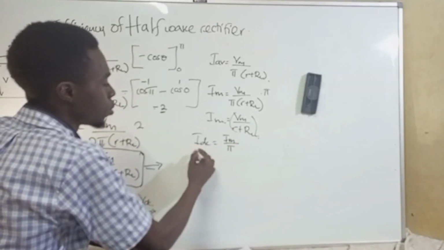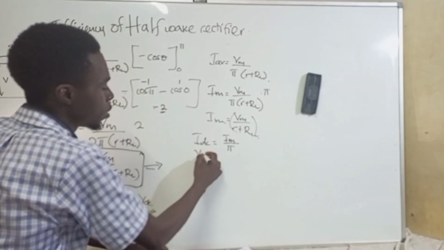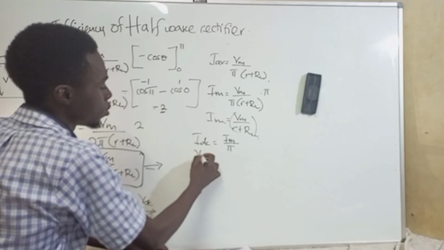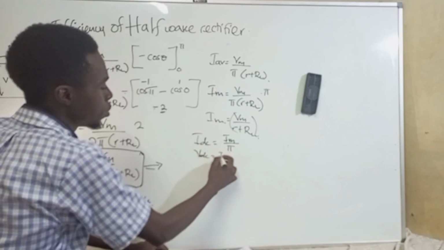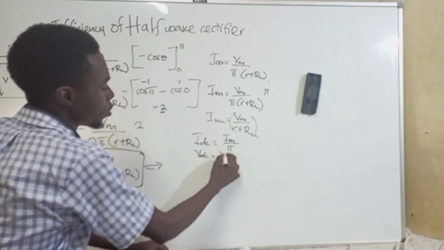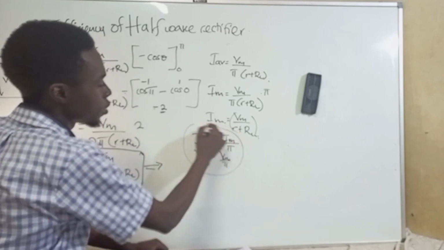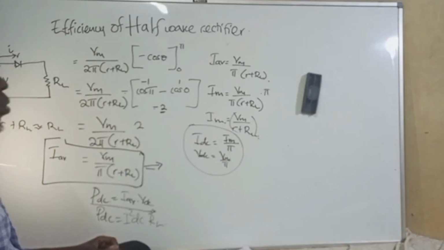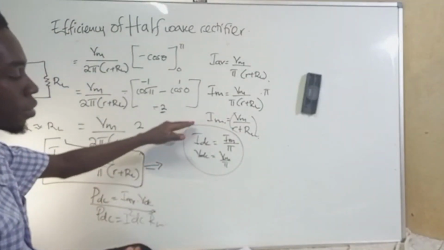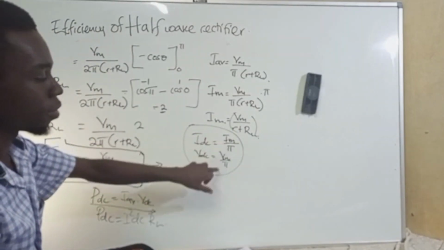Also, if you want to get the DC voltage, it's always going to be equal to V max divided by pi. This is something I just observed when doing a lot of calculations, because you realize that the DC value is always divided by pi.